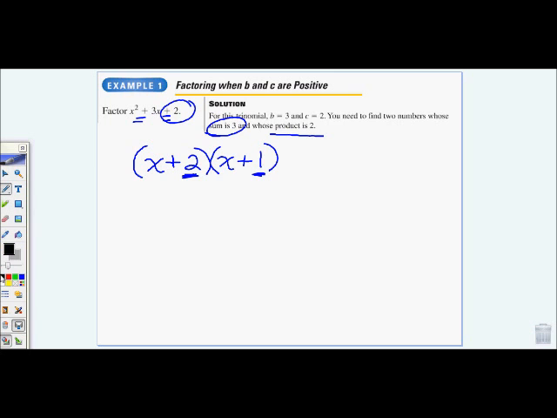And then the 2x, we'll do outside first, the 1x from the outside, and the 2x, if I put those together, that will give me my 3x. I'm adding, those are the sums, and I am multiplying for the last step.